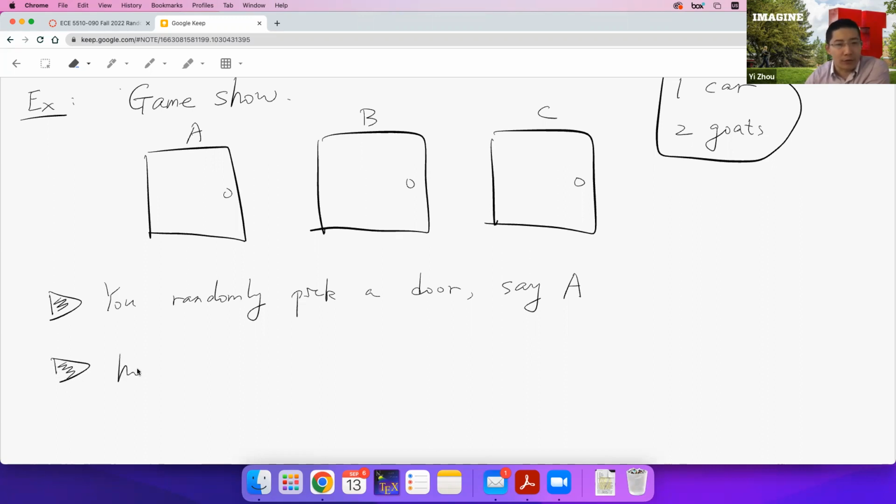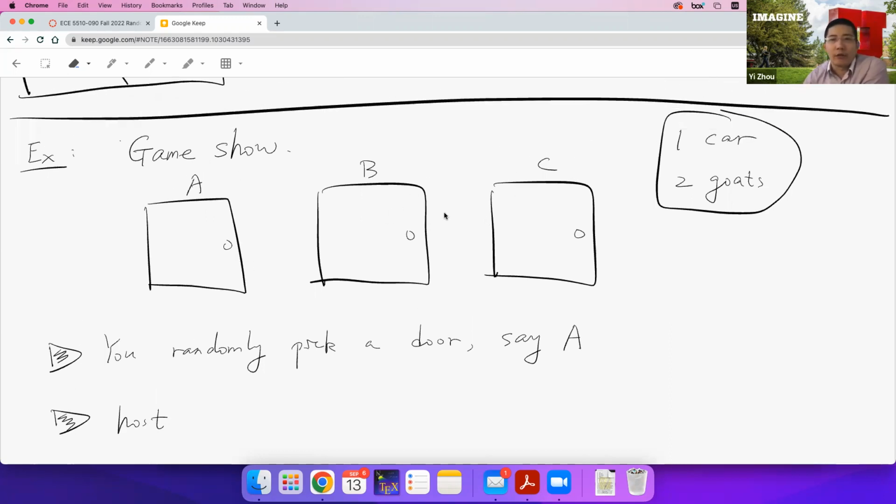And then the host. Now, if you pick this door, there are two doors left, right? Because we have two goats assigned to three doors, for any two doors there must be one door that has a goat behind it.